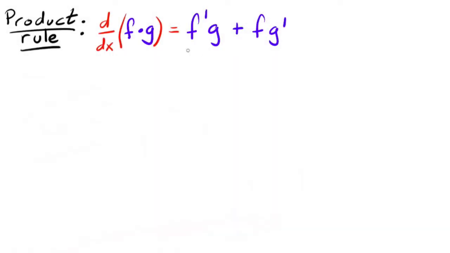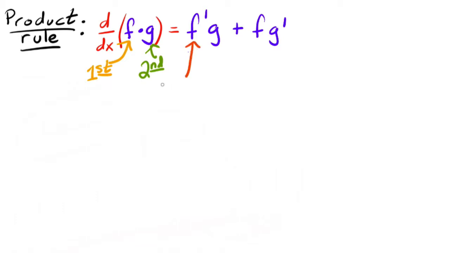Okay, now, this is a seemingly large formula, but it's easier to remember it in words. So when you're multiplying two functions, f and g, instead of thinking of these as f and g, I'm going to talk about them in terms of first and second. Okay, so then you can remember it in words.